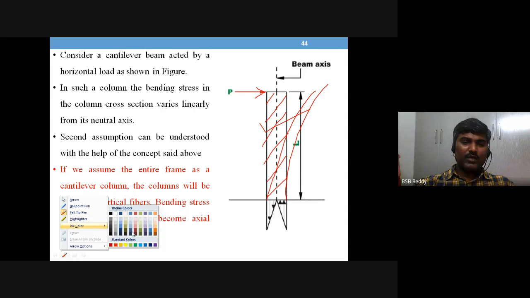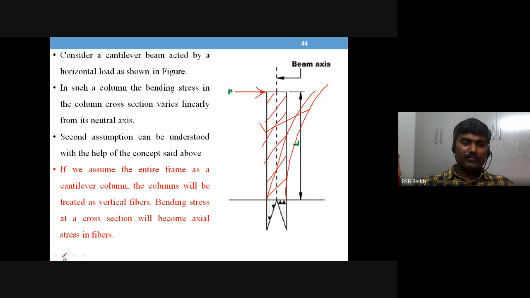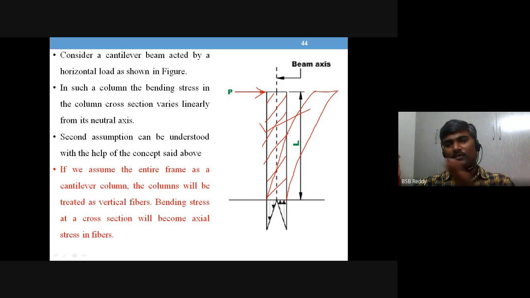Depending on the load that is applied, if you apply the load on the right hand side, the bending is going to be like this. If the load is towards the left hand side, the bending is towards the left.